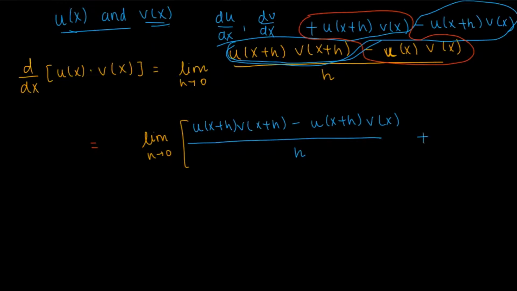And the other part is the part in red, and that is u of x plus h times v of x minus u of x times v of x, and all of this divided by h again.